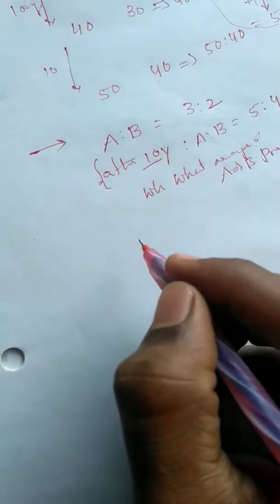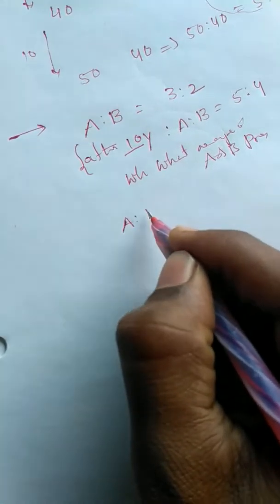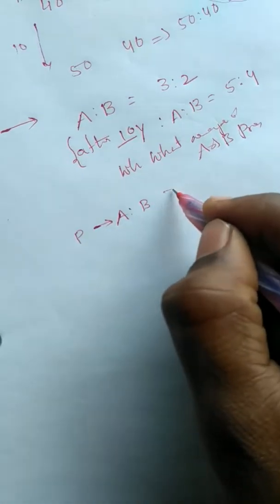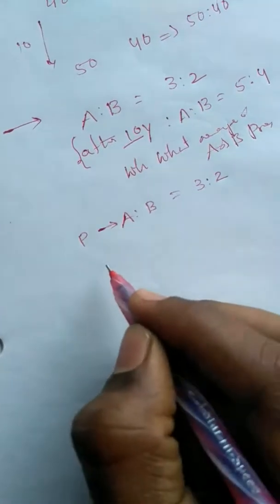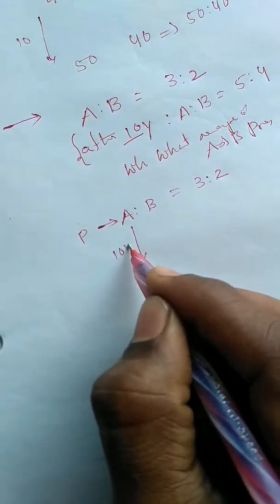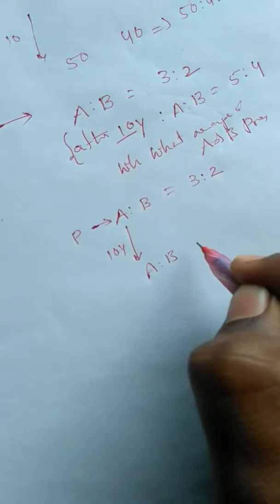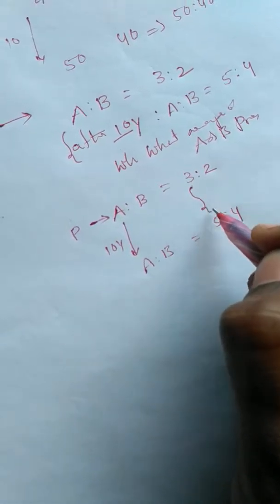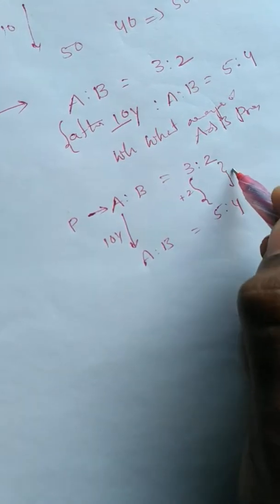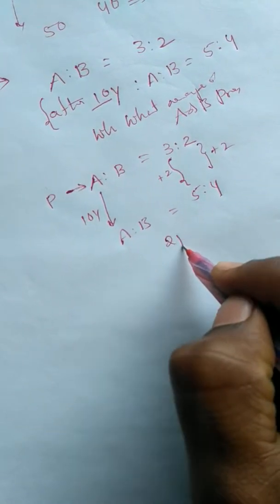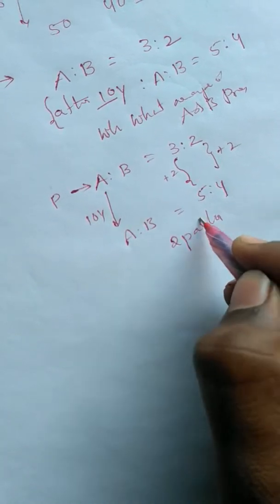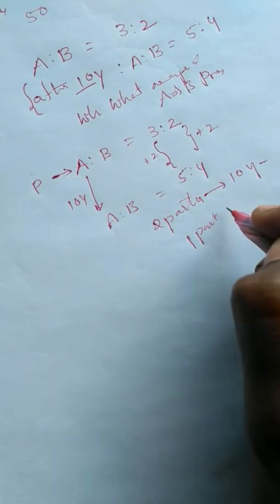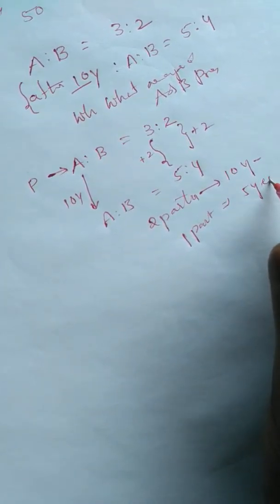My trick: the present ratio is 3 to 2. After 10 years, the ratio becomes 5 to 4. How many parts change for each one? 2 parts here, 2 parts here. For changing 2 parts, they require 10 years. For one part, 5 years.